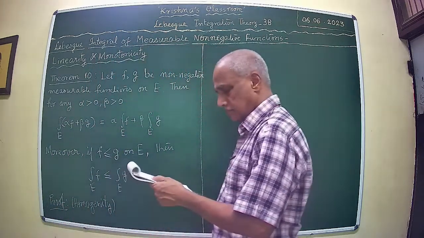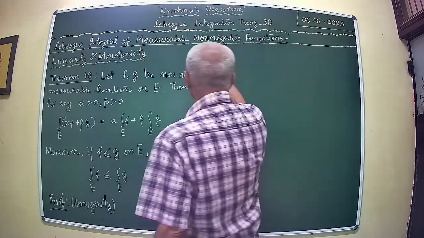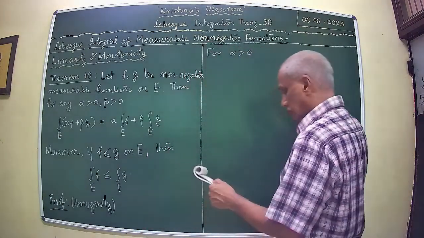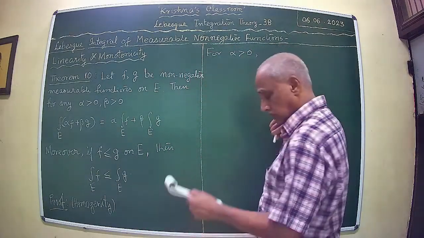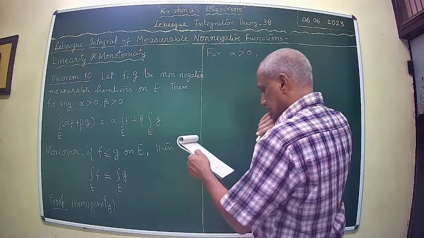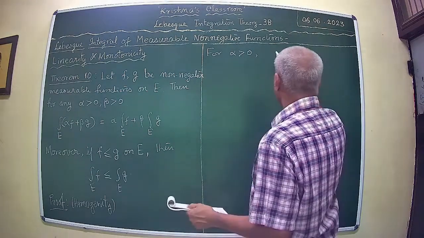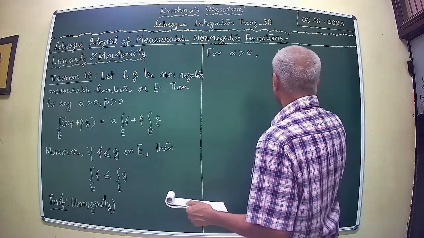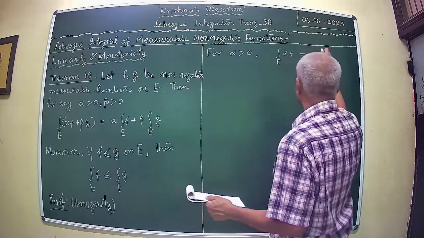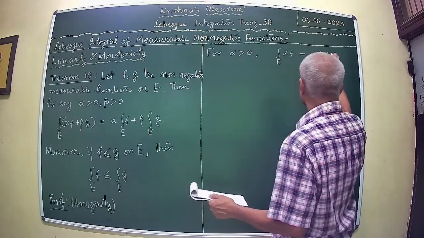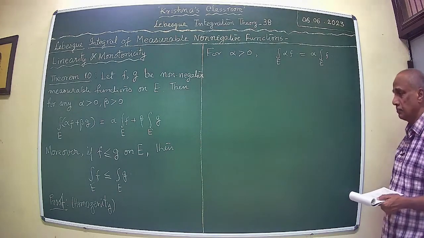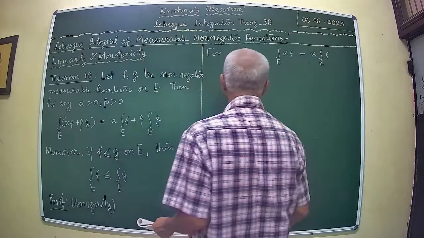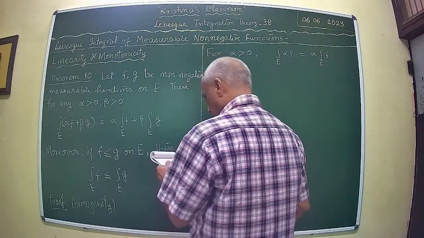For alpha positive, what we want to prove is that the integral of alpha f equals alpha times the integral of f. So for that, first observe the following.